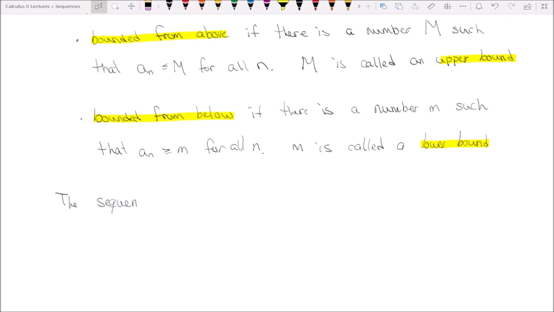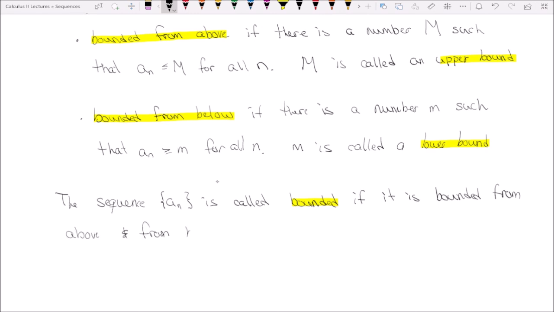The sequence a sub n is called bounded if it is bounded from above and from below.